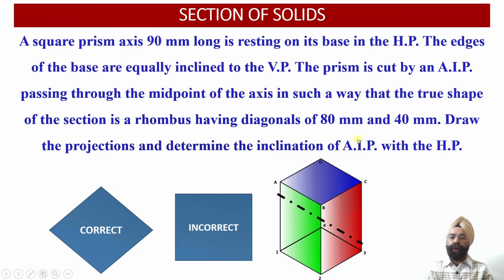Now how can we process this true shape rhombus diagonal dimension information in order to obtain the orientation of this cutting plane and the edge of the base?